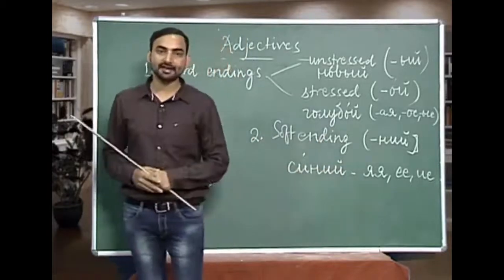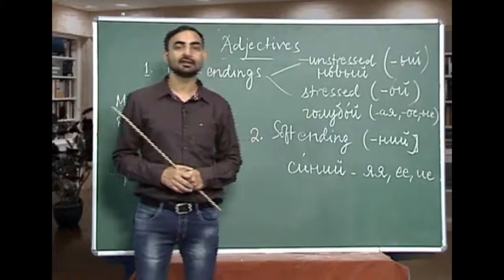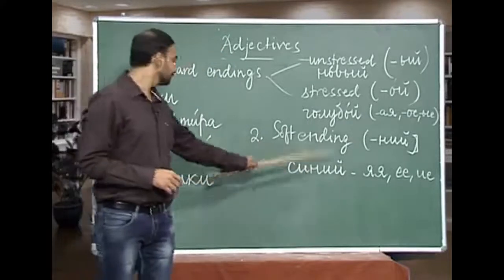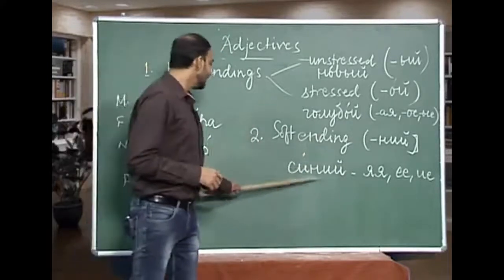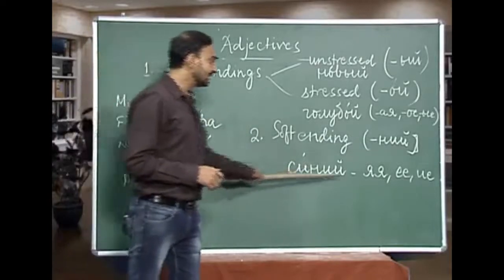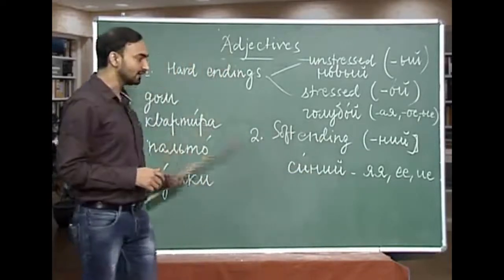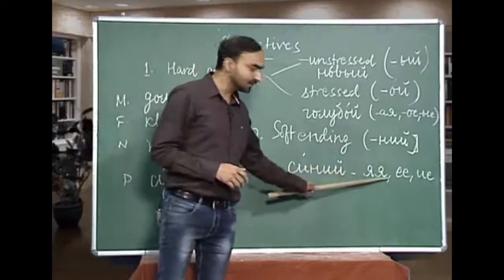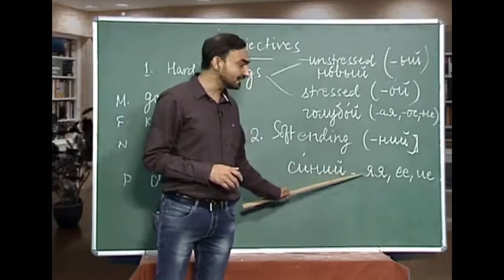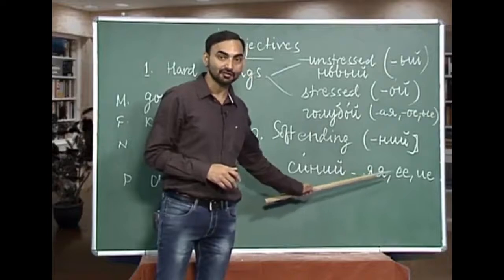And how do we change its form with the different genders and number? Siniy dom, blue house. Sinyaya kvartira. And you have to remember here that we are not using aya, we are using ya, soft vowels.